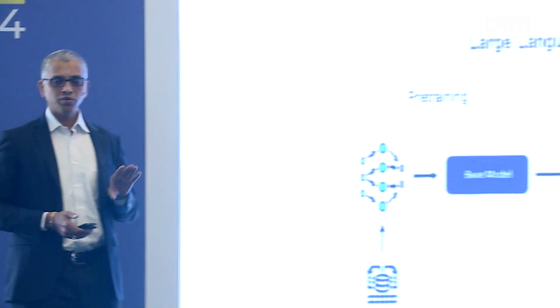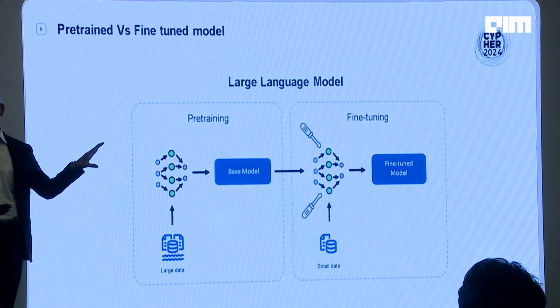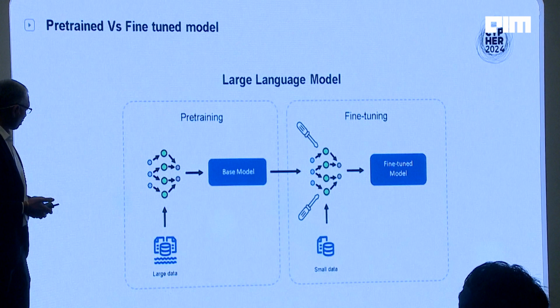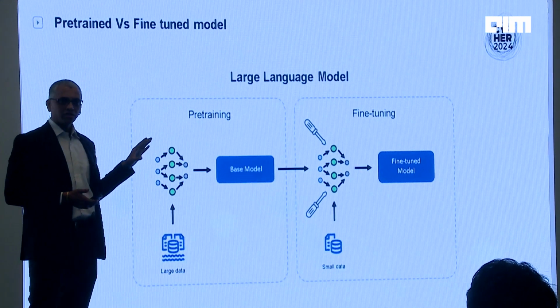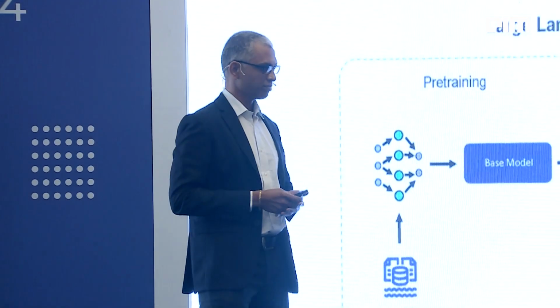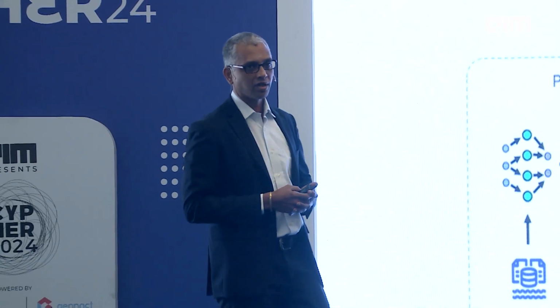I'll spend very few seconds on what is a pre-trained model and then a fine-tuned model. Then I'll go deep into it. A pre-trained model is generally built by big service providers, the model providers. Example, OpenAI, Azure.